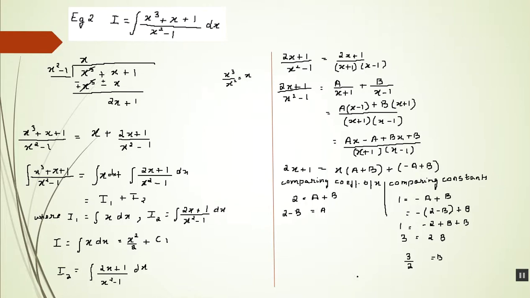Therefore 2x plus 1 by x square minus 1 can be written as a by x plus 1. Now, find the value of a. a is equal to 2 minus 3 by 2.